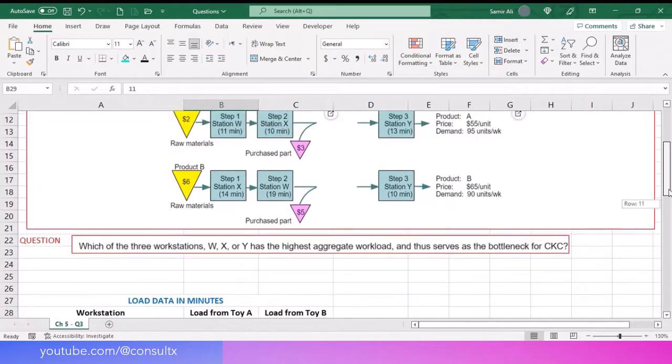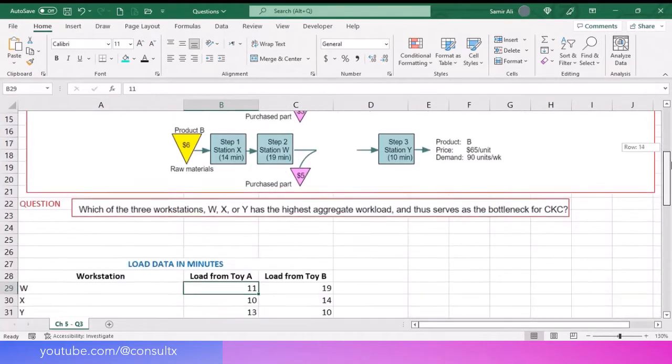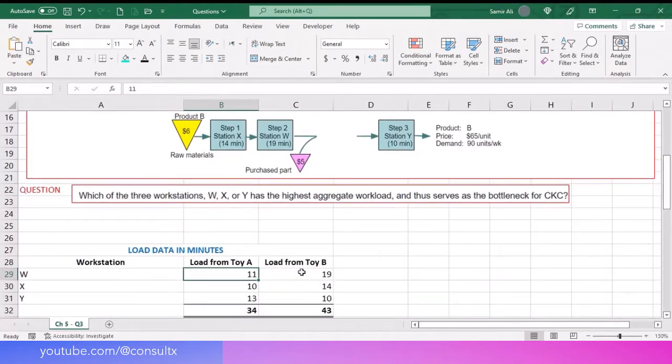So I've copied that over here. And for toy B, the first step is station X at 14 minutes, so under X, I put 14. Step 2 is W at 19 minutes, so I put in 19 here. And step 3 is 10 minutes, so I put in 10 here.